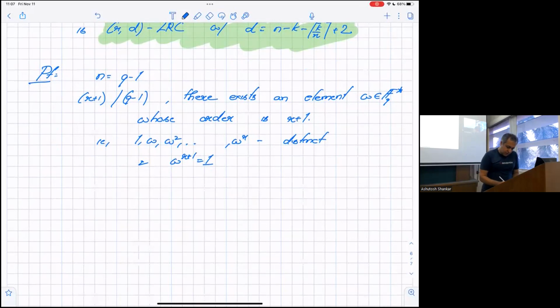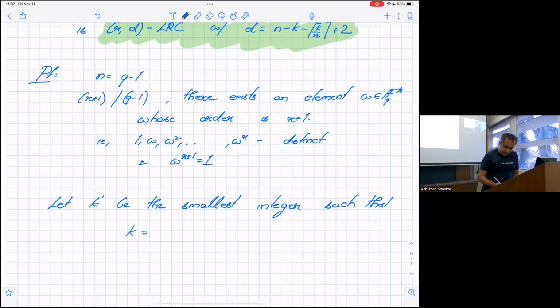So given this, let K prime be the smallest integer such that, it's a funny definition, but we'll see. I'll give a more direct definition shortly. But this is a funny property. This is the property of K prime I will use.